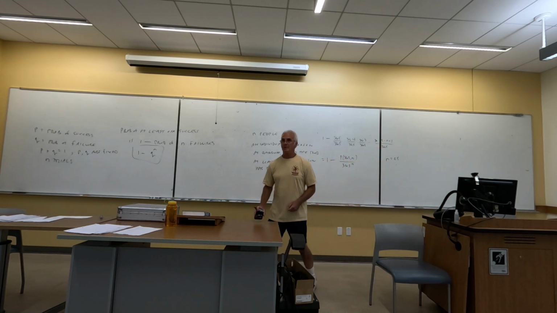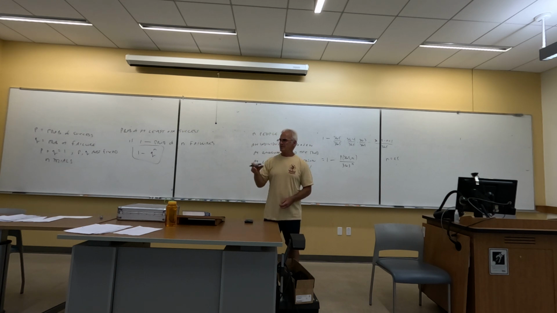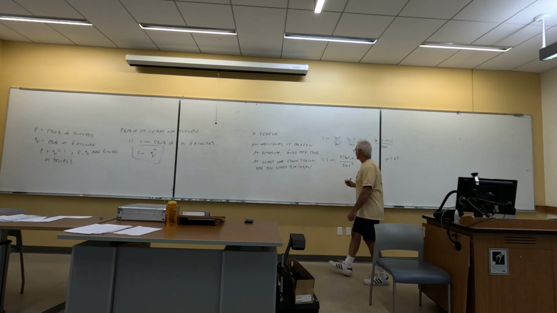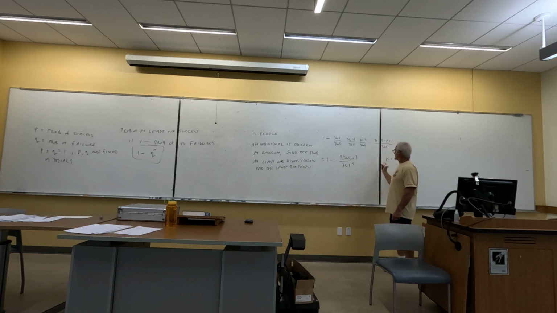What'd you come up with? 143. Did you 1 minus? You 1 minus. So at 25, my probability is about what? 0.5.